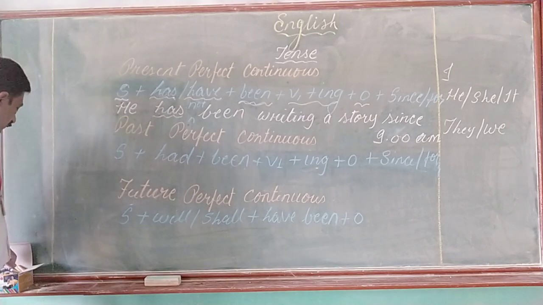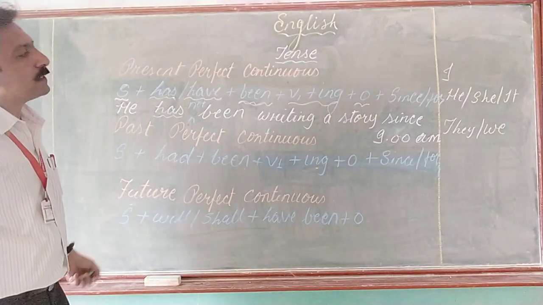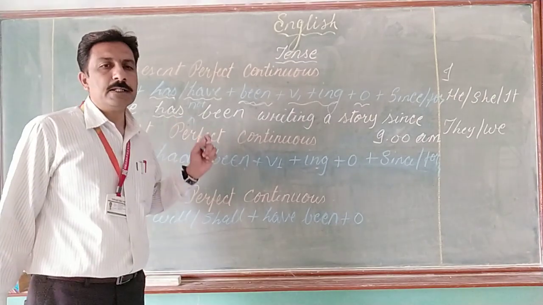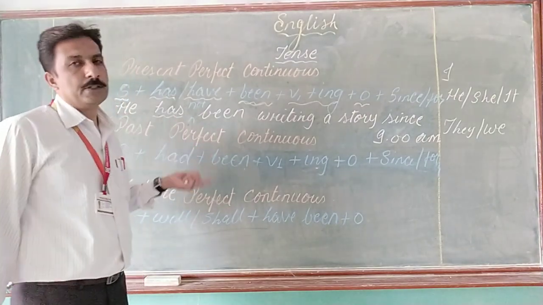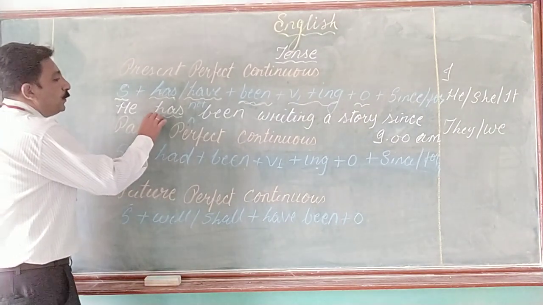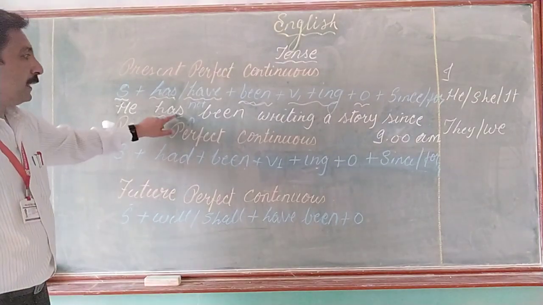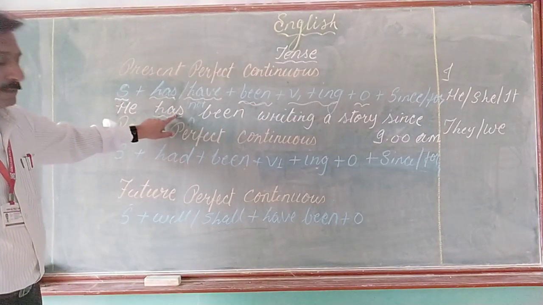Now, for the interrogative sentence. If I want to transform this sentence into interrogative, what will I do? I will put this helping verb in the beginning. Has, only has.